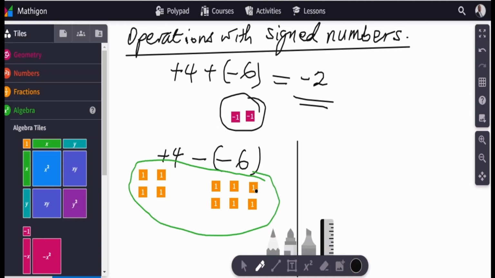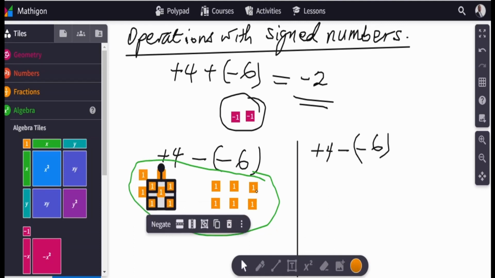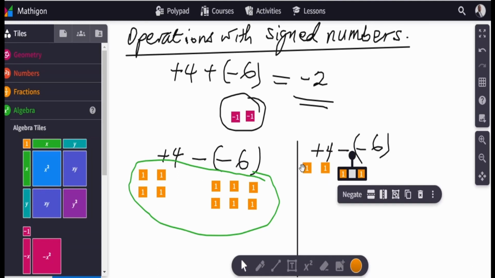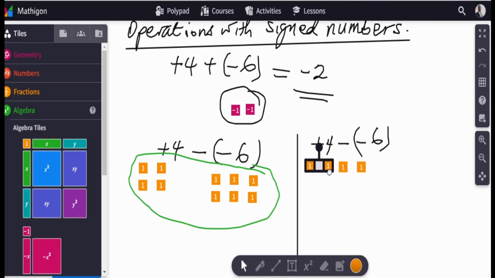Then I spoke about 2 ways of doing it, so let's try the second option here. Here we have our 4 tiles where we need to subtract -6 or 6 red tiles from here, but then we don't have red, so what do we do? We use the 0 pair property. So in this case, we have our 4 positive tiles and we have to subtract 6 negative tiles from it.